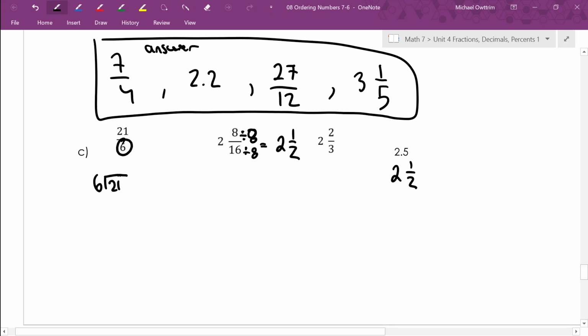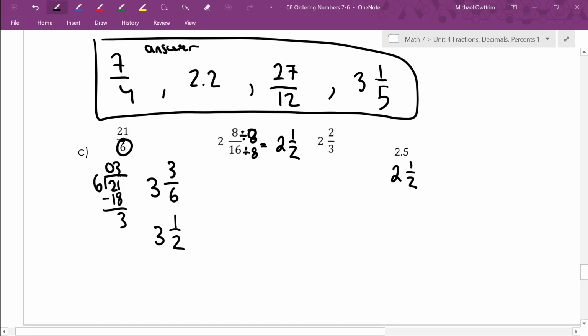So 6 goes into 2 0 times, 6 goes into 21 3 times, creating 18. Taken away leaves us with a remainder of 3. So we'd say this is 3 3/6. And as a mixed number goes, we can simplify that into 3 1/2.